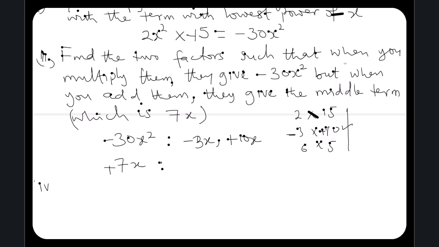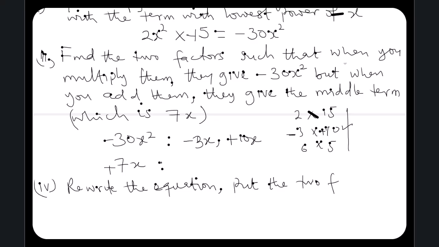Then you now rewrite your equation. We have gotten this. Our next procedure will be to rewrite the equation. This is where this method gets its name. When you rewrite the equation, put the two factors in the position of 7x.